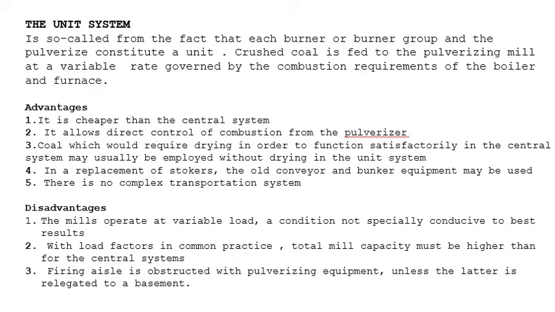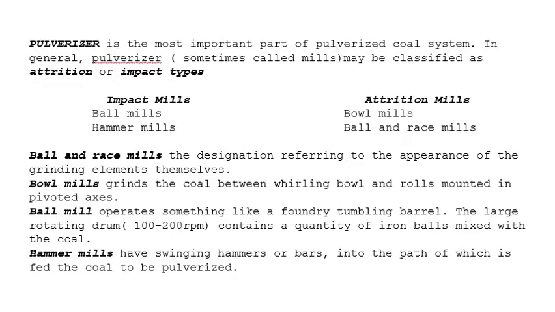Total mill capacity must be higher than for the central system. Third, the firing aisle is obstructed with pulverizing equipment unless the latter is relegated to a basement.